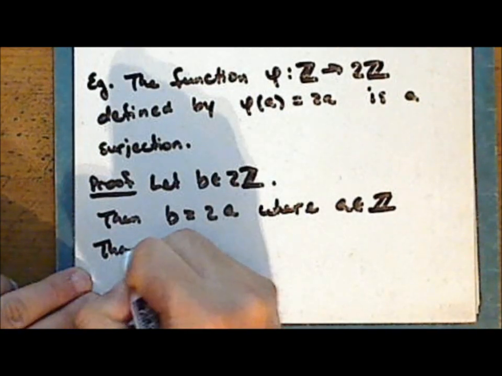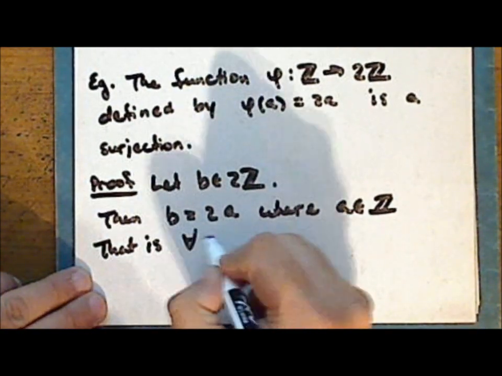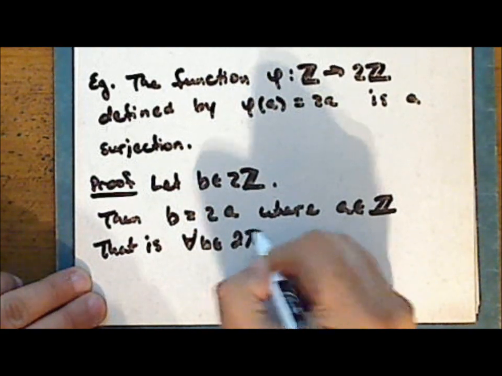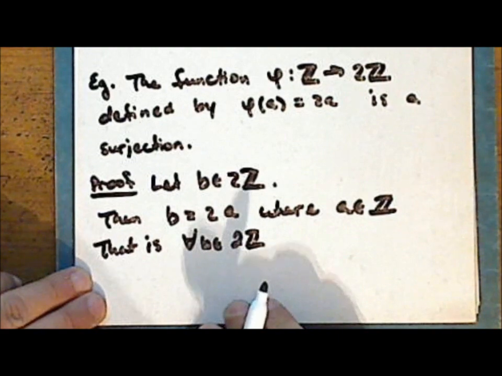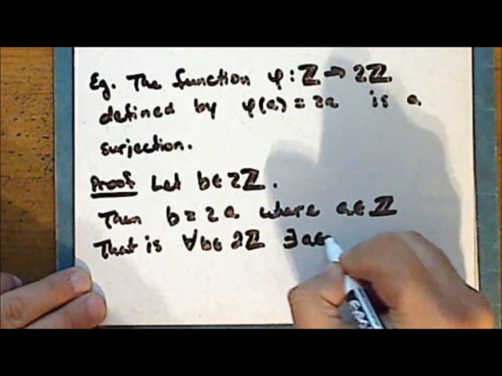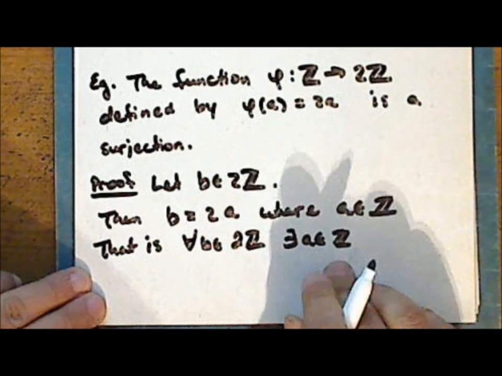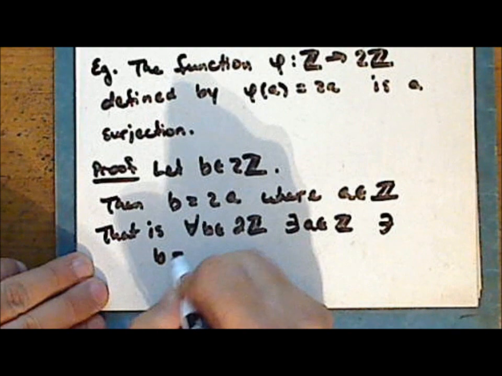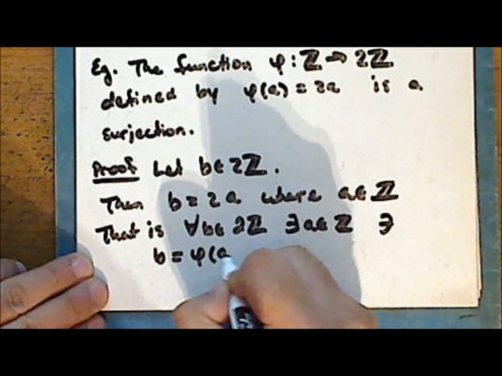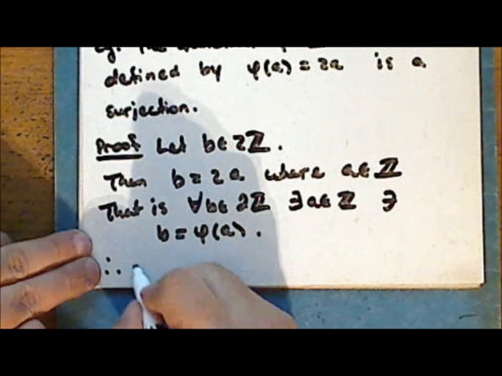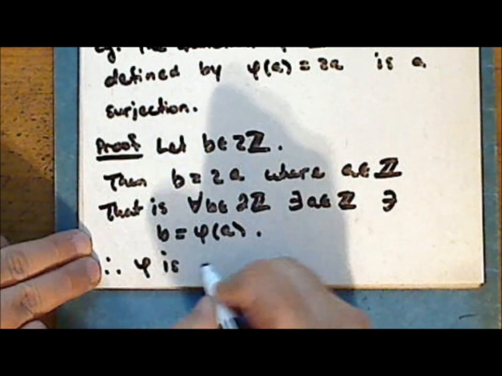That is, for every element b in the codomain, which is the set of even integers, there exists an element in the set of integers, which is our domain, such that that element b is mapped onto by that element a. And therefore, the function phi is a surjection.